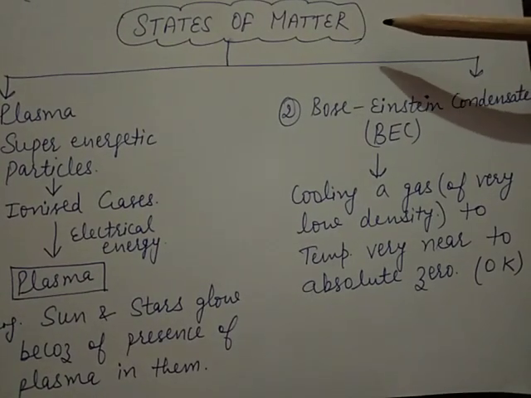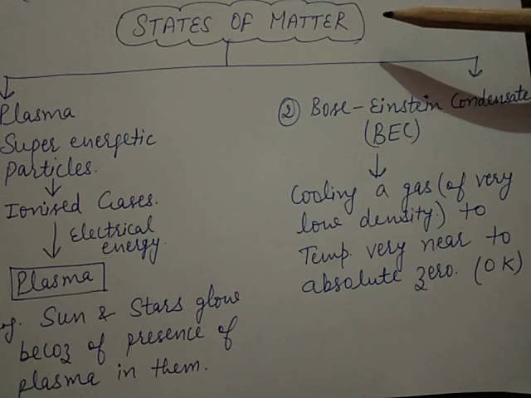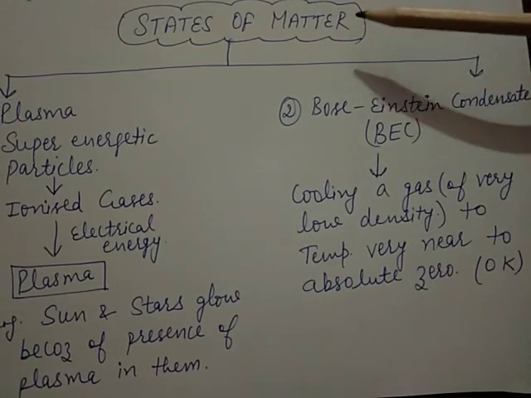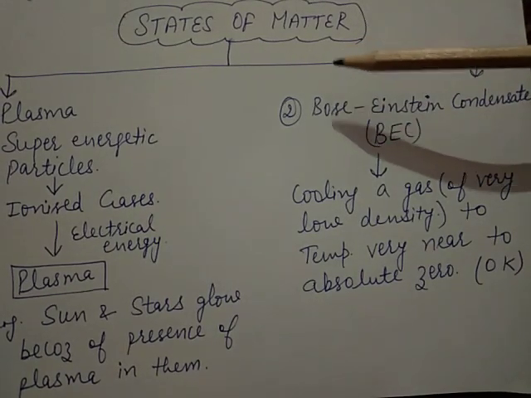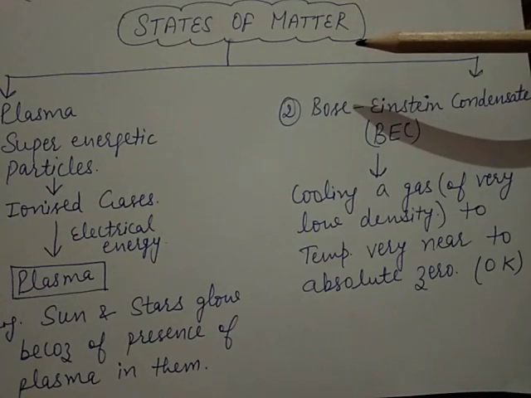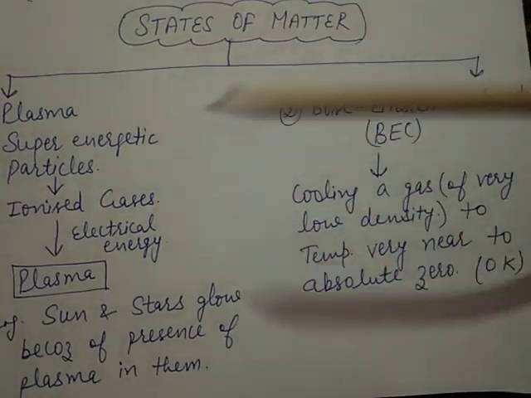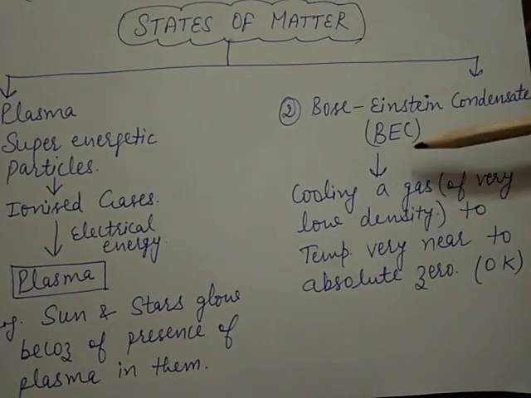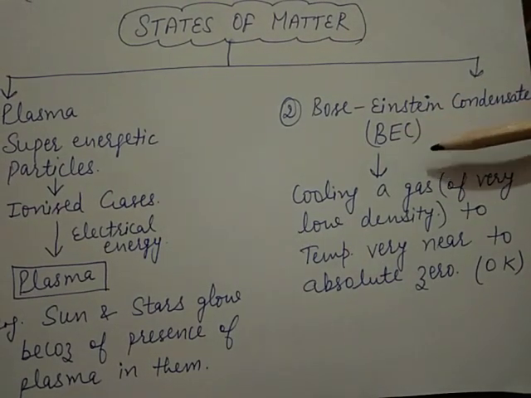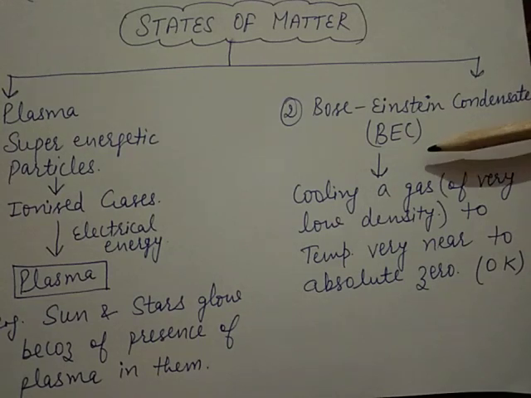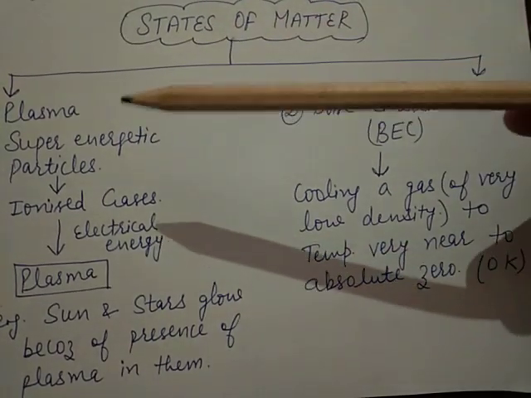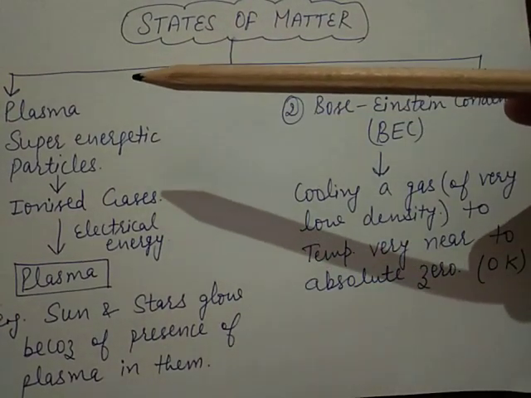Now the next topic is the states of matter. Besides the three states of matter, two other states are also present: plasma and BEC, Bose-Einstein condensate. First of all, what do you mean by plasma?